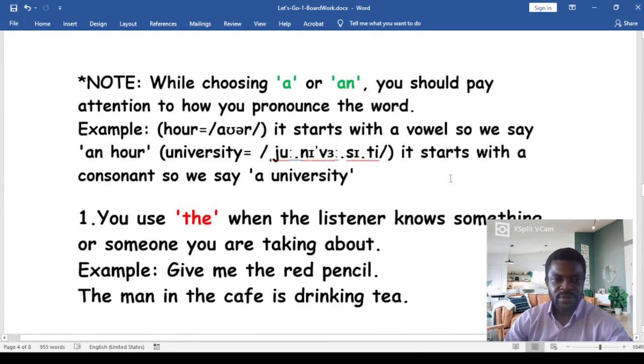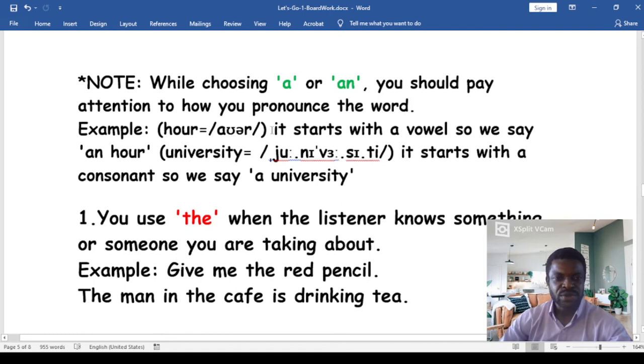Then here I told you that while choosing a or an, you should pay attention to how you pronounce the word. For example, hour starts with a consonant, which is H, but the sound is a vowel sound. So we don't say a hour, we say an hour, even though it starts with a consonant. On the flip side, we've got a university.